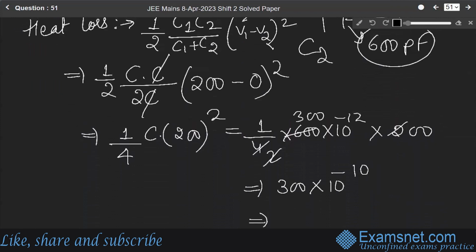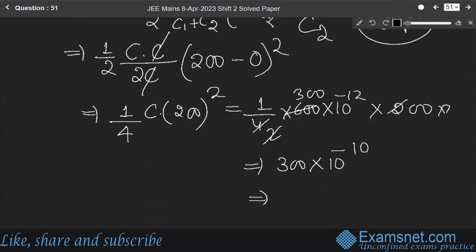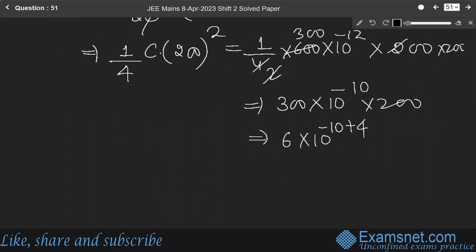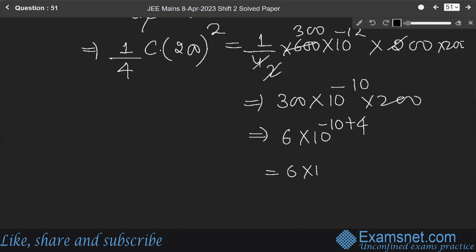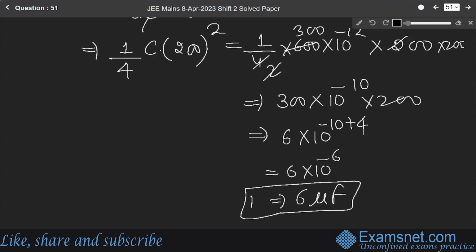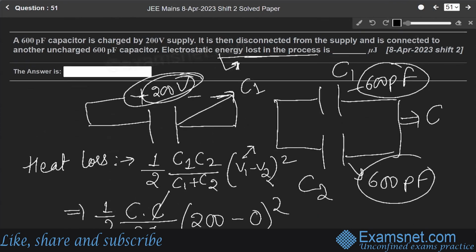So we get 200 into 200 also into 200. So we get 6 into 10 to the power minus 10 plus 4. So we get 6 into 10 to the power minus 6. It means 6 microfarad. So our answer is heat loss will be equal to 6 microfarad.